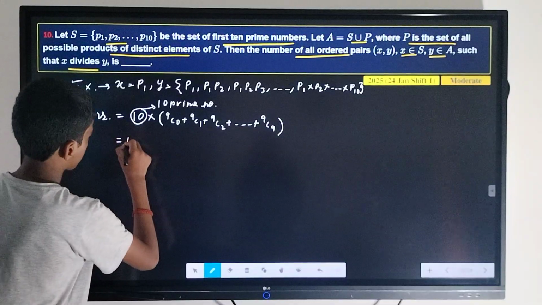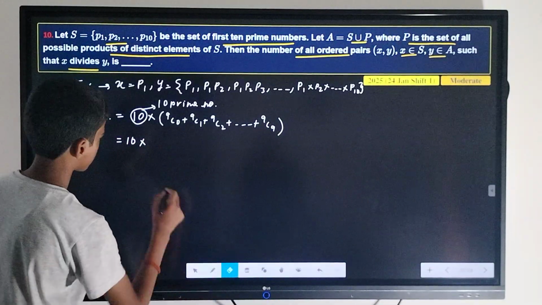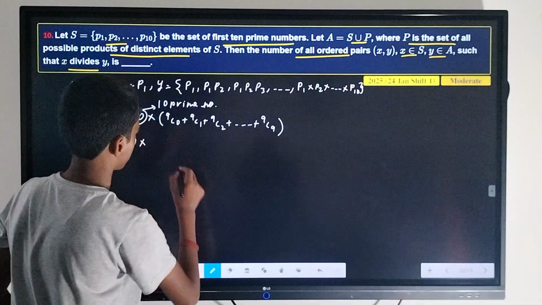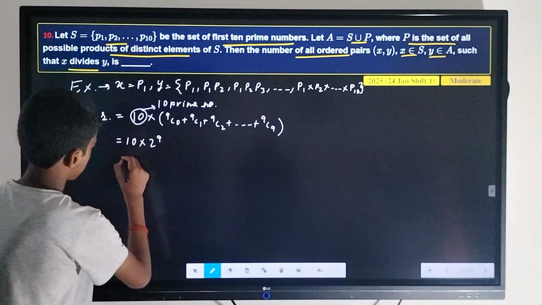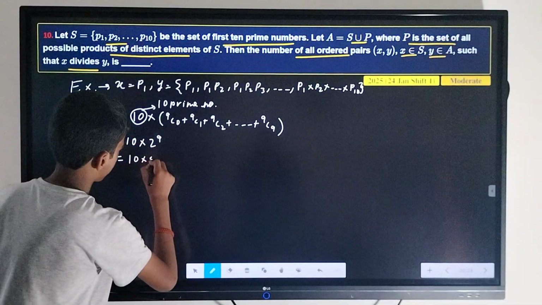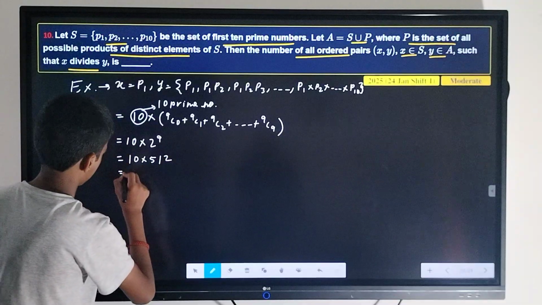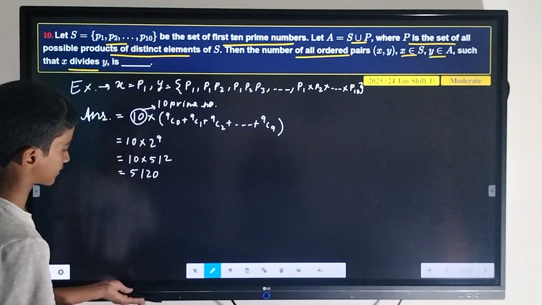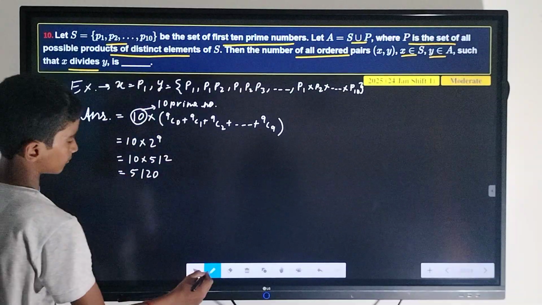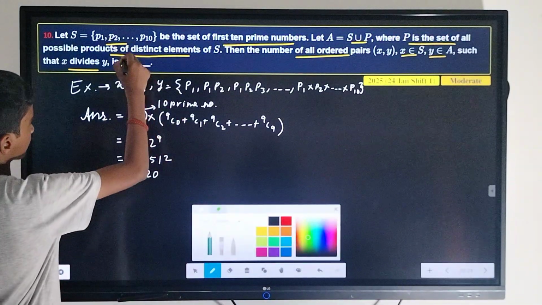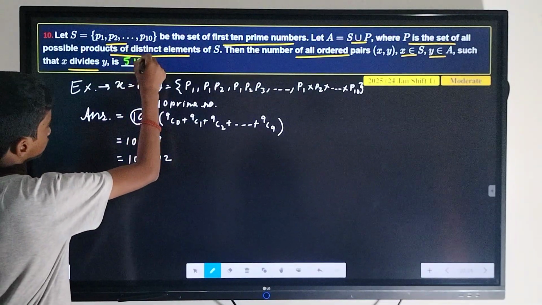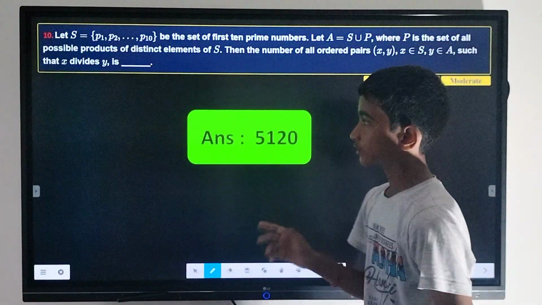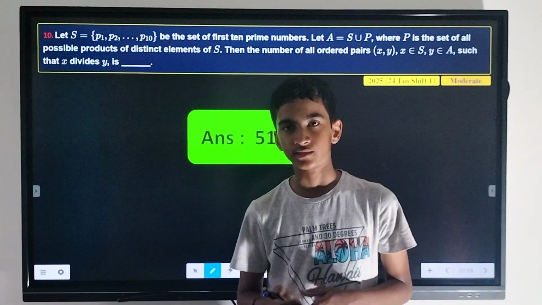So this is equal to 10 into, this is our binomial expansion, 2 raised to power 9. So this is equal to 10 into 512, and this is equal to 520. So our answer is equal to 520, and here is the solution, and we can see that our answer is correct.